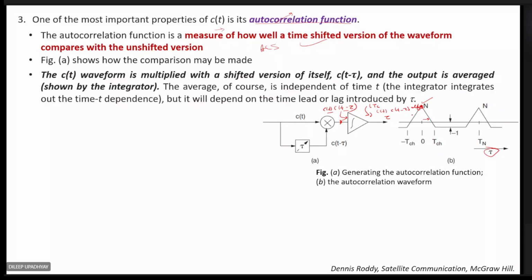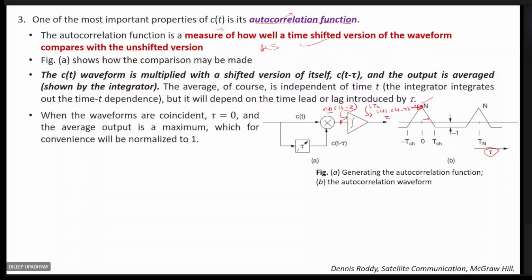So this is how we can obtain the autocorrelation function for the PN sequence, and that gives us the idea that it has some correlation. If it had been a random sequence, you would not get a large value of the autocorrelation function.